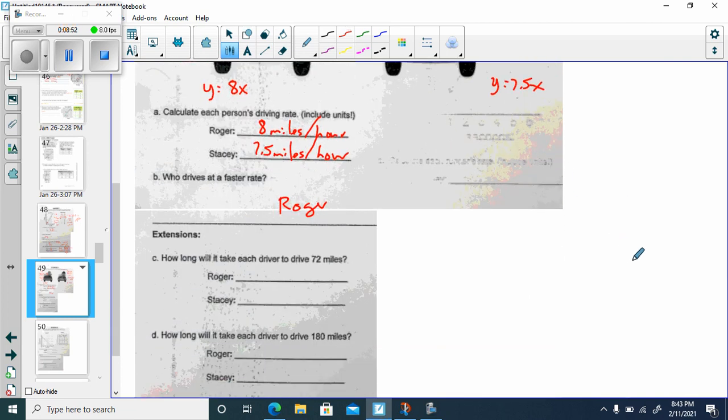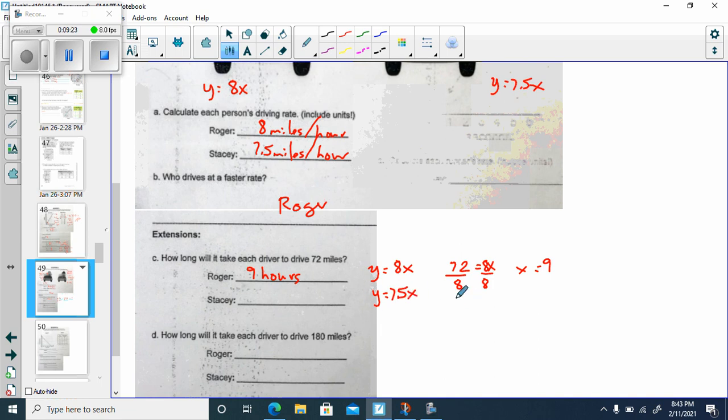Let's use our two equations. If Roger drives at 8 miles per hour, I'd put 72 in for the y, which is my miles. 72 is equal to 8x. I'd divide both sides by 8. X would be 9. So it would take him 9 hours to drive 72 miles. How about Stacy? She's going at a rate of 7.5 miles per hour. Okay?